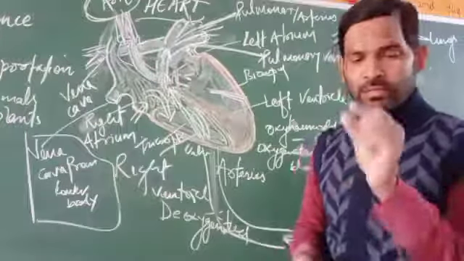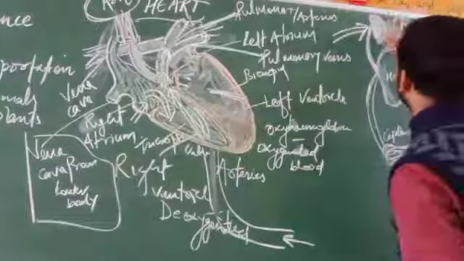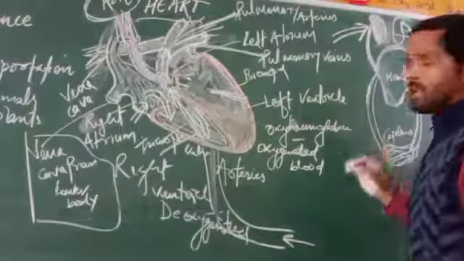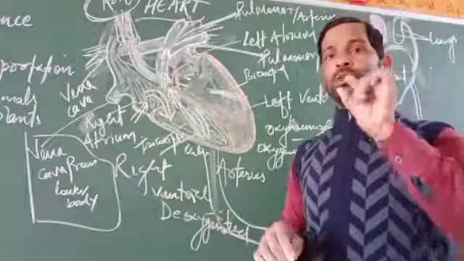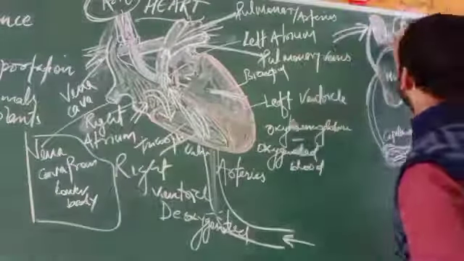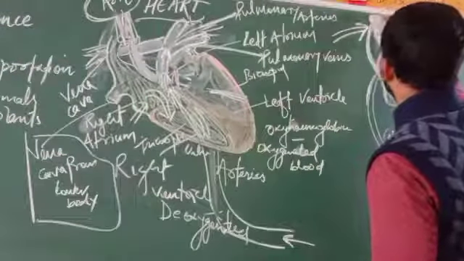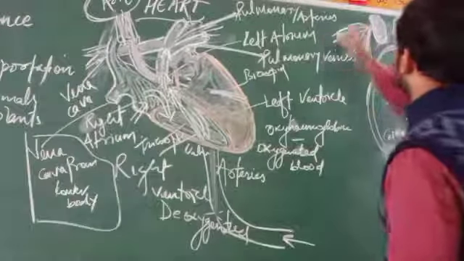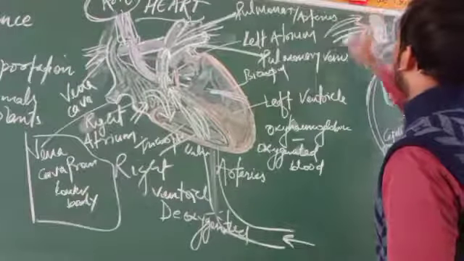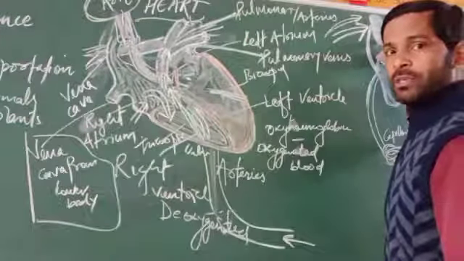Alveoli are very small units of this organ that can transfer oxygen to the blood. Whenever the oxygen comes in the form of oxyhemoglobin, the deoxyhemoglobin or deoxygenated blood comes to these.